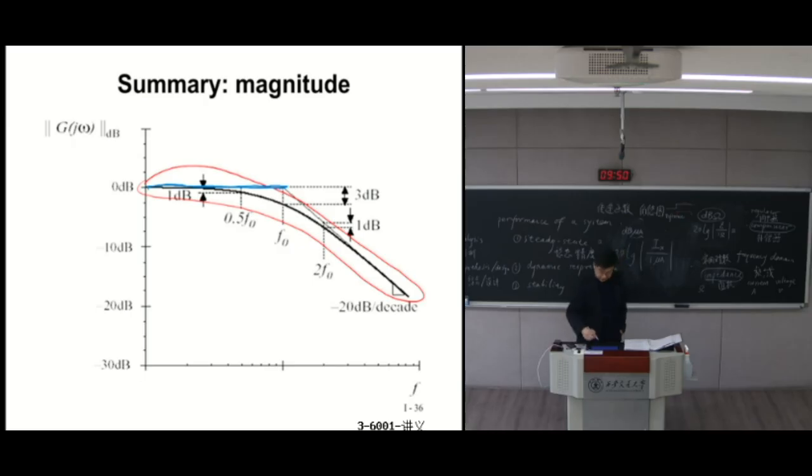And for the high frequency part, this is another straight line with another slope. That makes it very simple, because then we can very often draw this by hand and discuss the performance of this single pole.